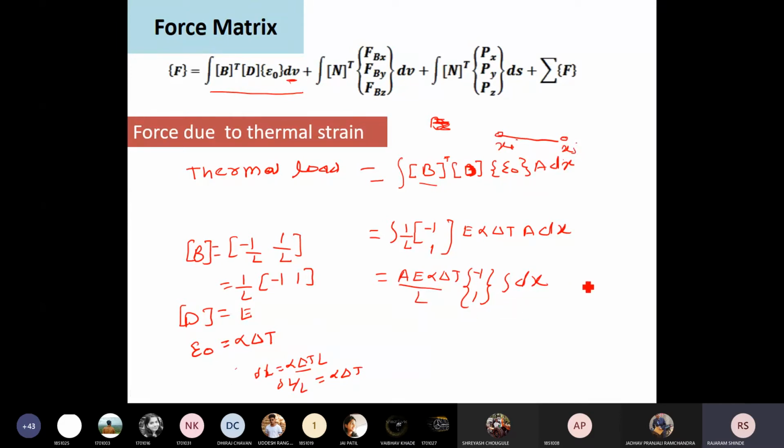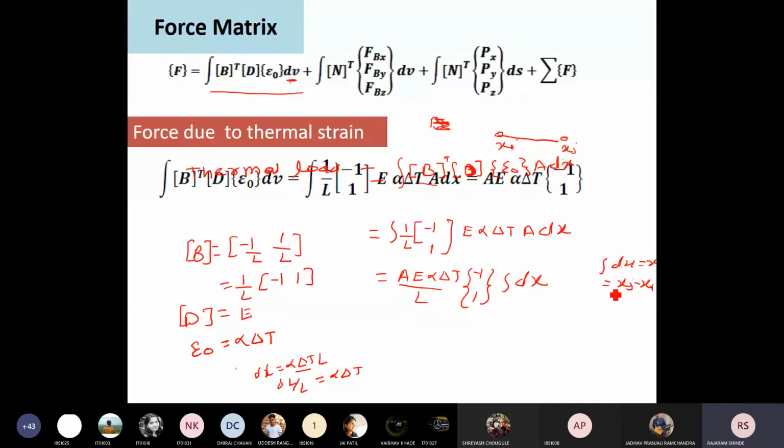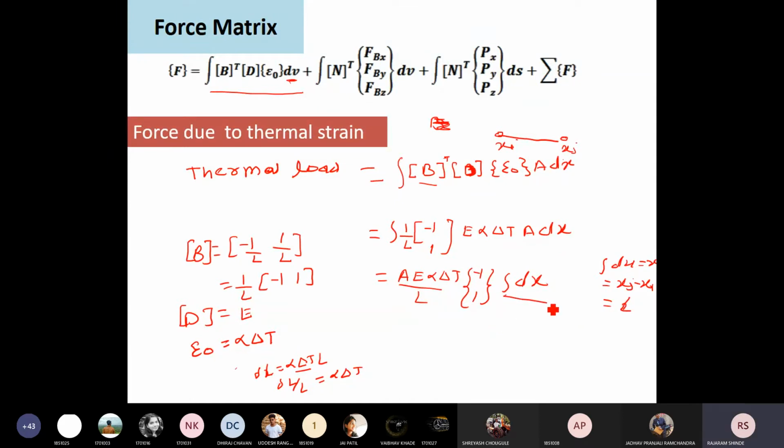So integration of dx becomes xj minus xi, which is L. So this term is L. Integration of dx is L. Now this L will be cancelled with this L. So it becomes A E alpha delta T into minus 1 1. Any doubt here?